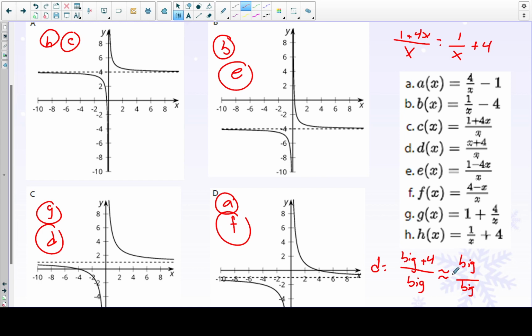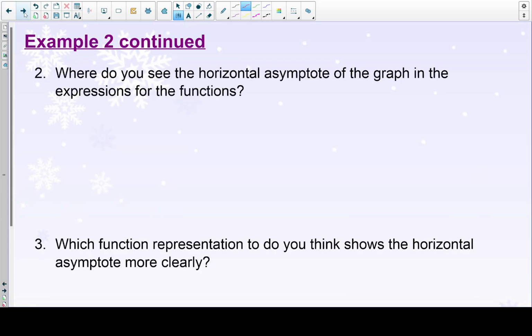It does a little bit, but not enough to really notice. And what's big divided by big? 1. So it has an asymptote at 1 because the value is going to be about 1. And the bigger big is, the closer to 1 that's really going to be. And that's another reason why you get a horizontal asymptote at 1. So our concern here is what's happening in the long run. All right.